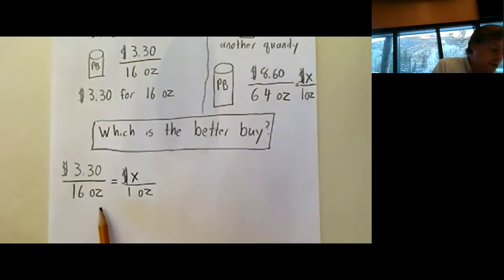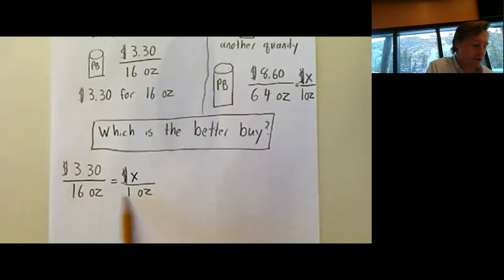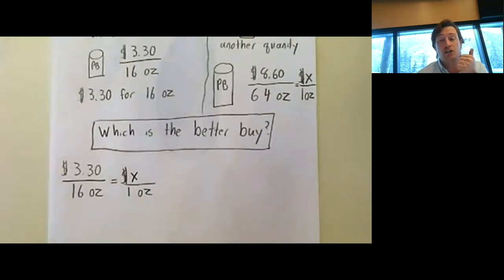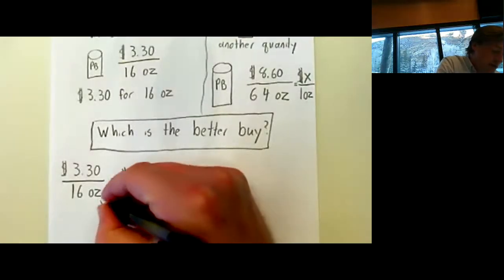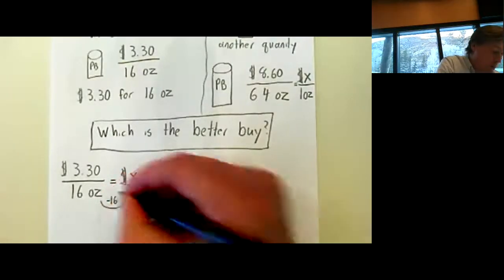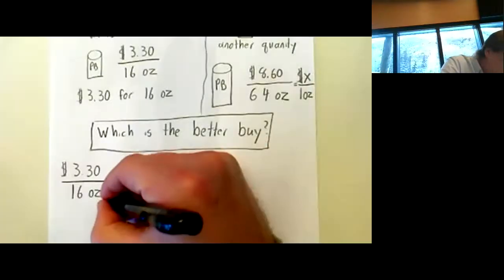What we need to do here is look at the relationship between these two numbers. How am I going to get from 16 to 1 using a multiplication or division? Well, I know that if I divide 16 by itself, I'm going to get back to that 1. So there's my relationship here.